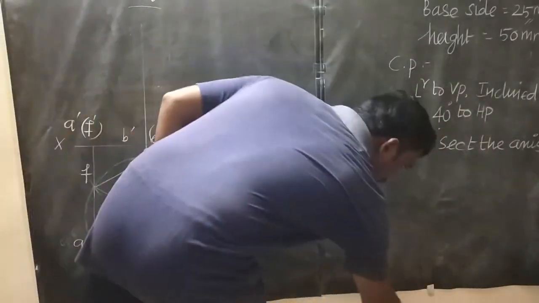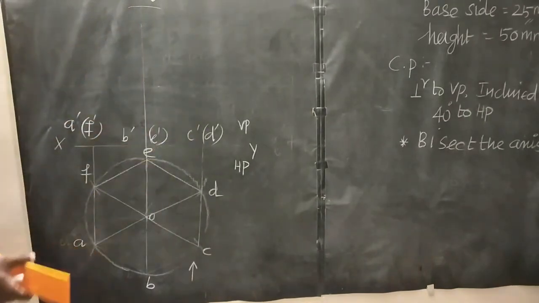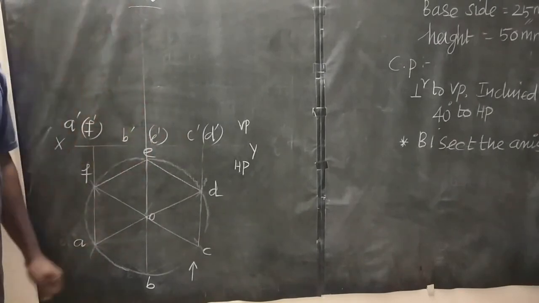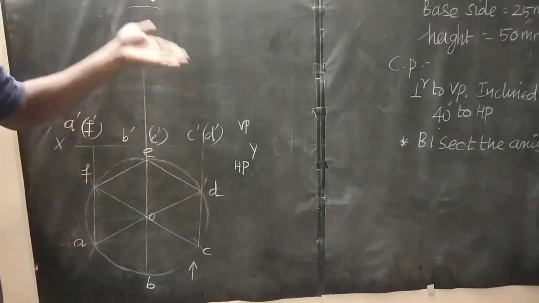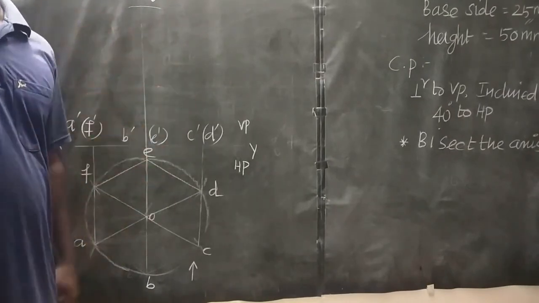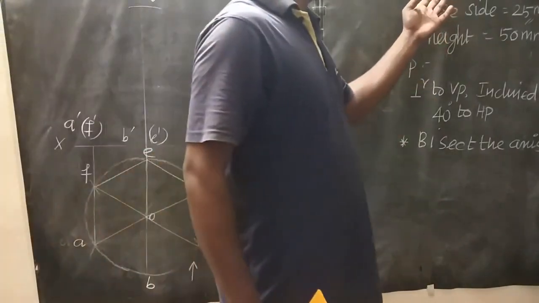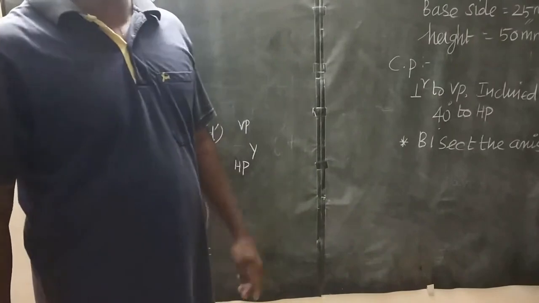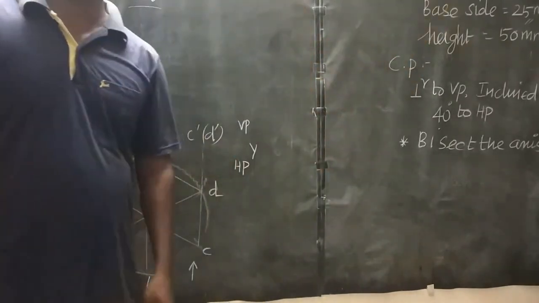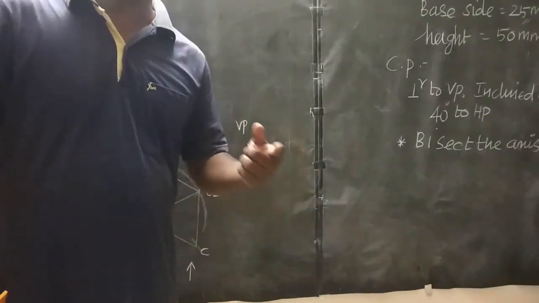After you define your O dash point, then the points on XY, that means A dash, B dash and D dash, connect with O dash by an inclined line, because in our front view this pyramid appears as a triangular shape. But suppose if you have a hexagonal prism, in your front view this hexagonal prism seems as a rectangular shape. You should know this basic difference between prism and pyramid.